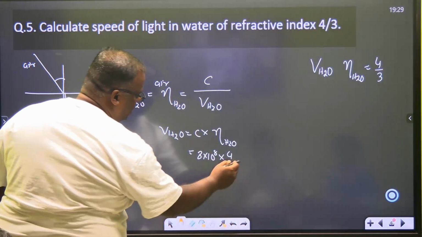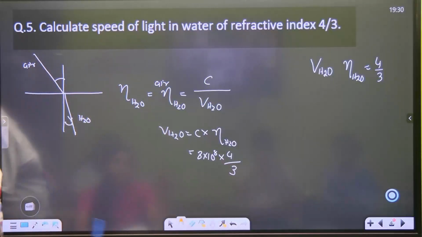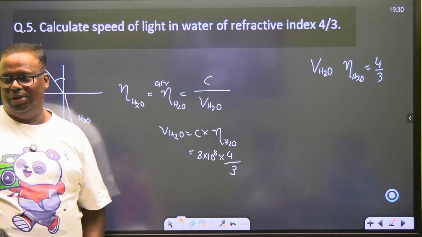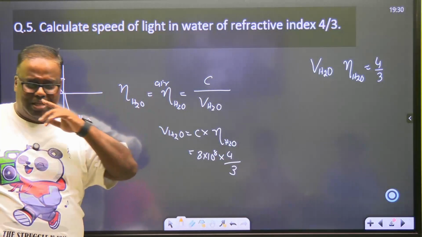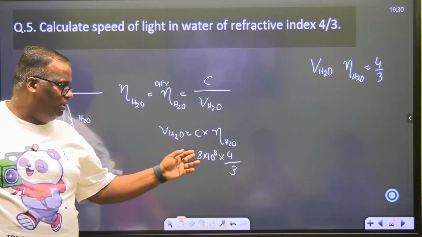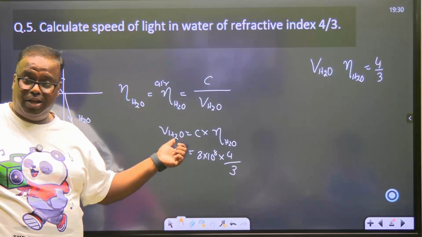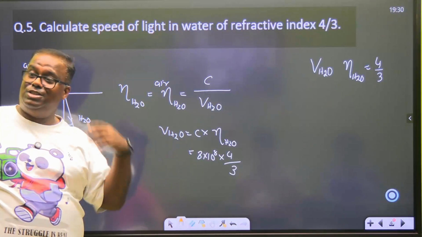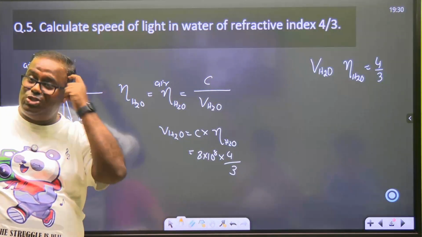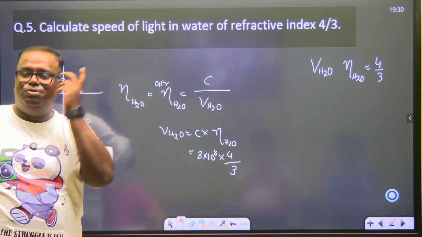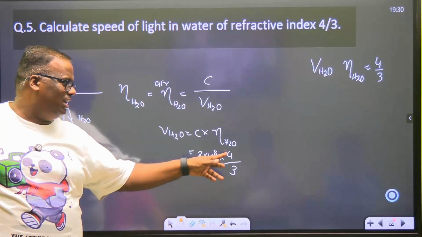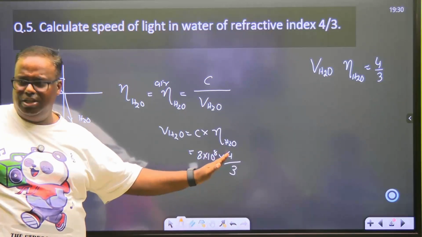Acha, why can't it be 4/3? Say suppose you have written 4/3 in the exam. Then what will be the value? 3 cancels, 4 into 10 to the power 8. You are saying light travels in water at a higher speed than in air. That should strike your mind. You're a student of physics now. You cannot say that sir has written it wrong.